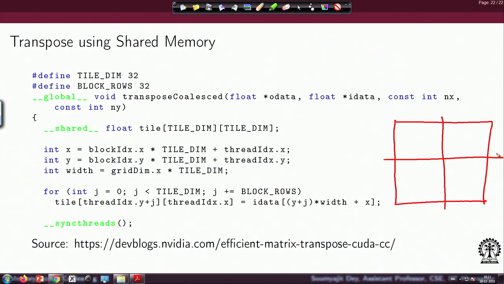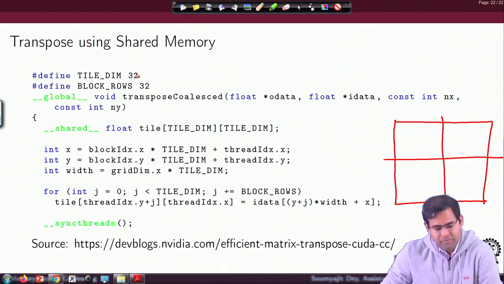The first thing I am going to do is load a tile of data from the global memory location of the matrix to the shared memory. Following our example, we define the tile dimension as 32 cross 32, and we are considering blocks to be also of the same size as the tile dimension. That is why the number of rows in the block is also 32.